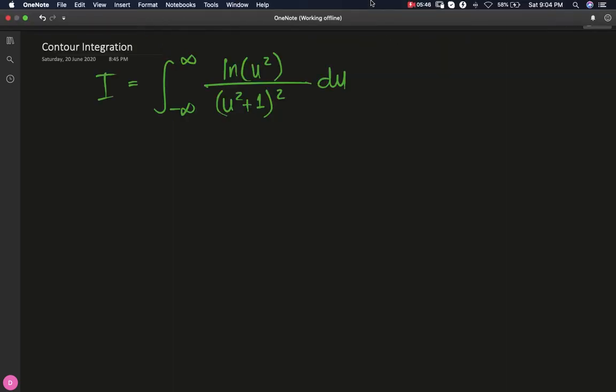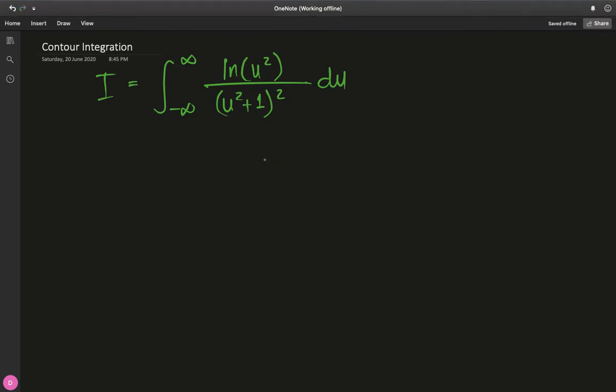So this was basically our original I. Now let's make it complex, because we're going to perform complex analysis. We need a complex variable, not a real variable, so let's convert everything to z. f of z can be defined as the natural log of z squared divided by (z squared plus 1) squared.